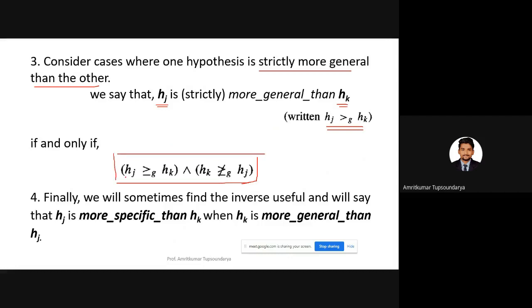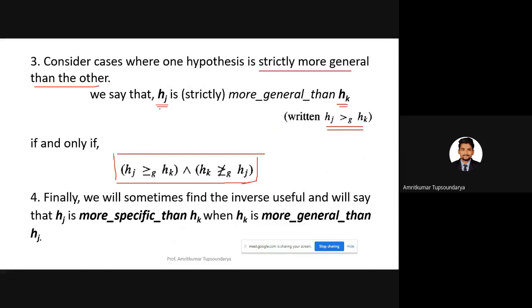This is what Hj is more general than Hk means, and this is the logical conjunction, the logical AND operator. So both the parameters here have to be true. Only then will this condition be true.